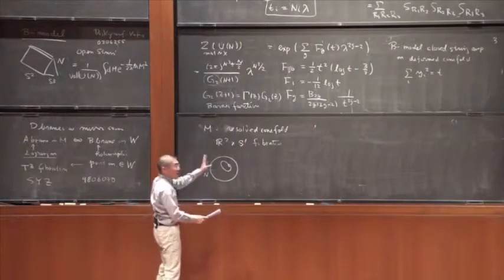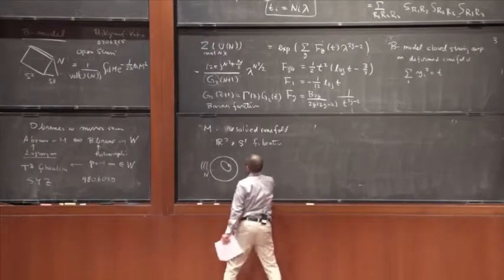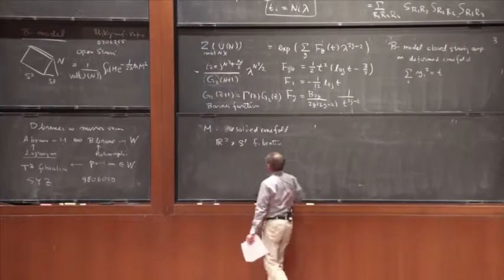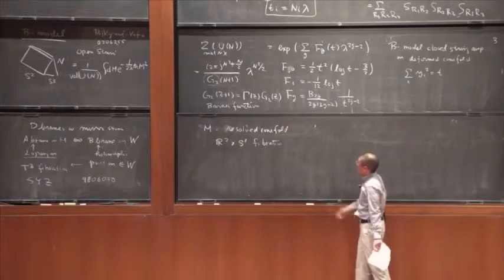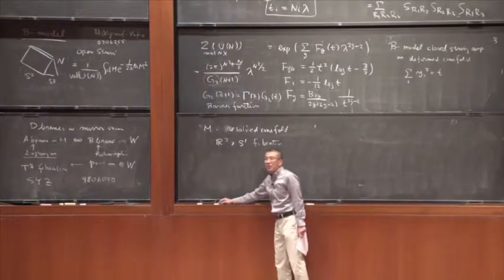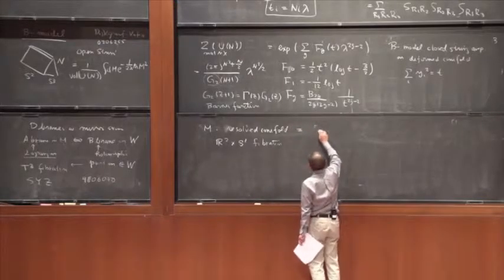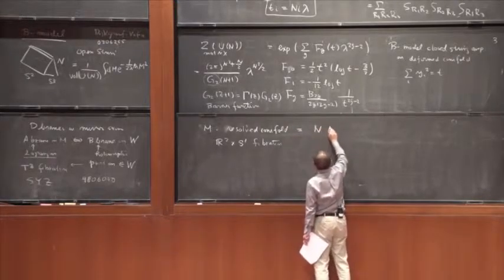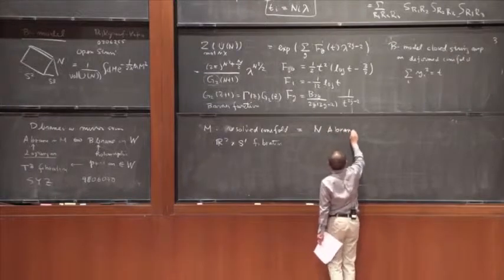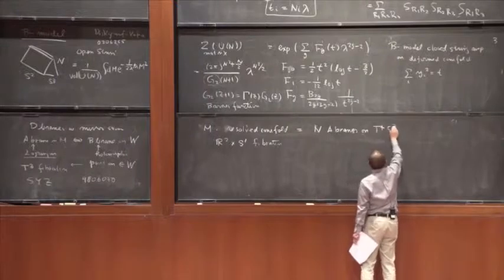Well, actually, I went ahead of myself. I'm sorry, let me go back. I'm going to use large N duality first. So here you have a resolved conifold. But the topological string, the closed string on the resolved conifold, is equivalent to N A-branes on T star of S3.